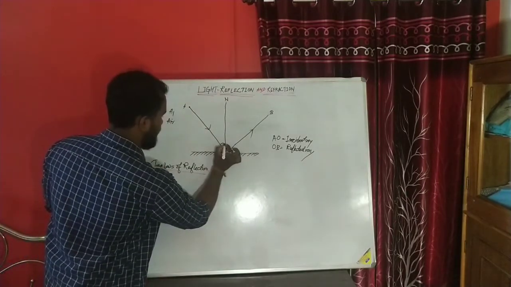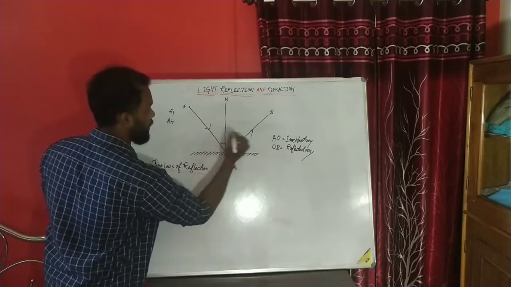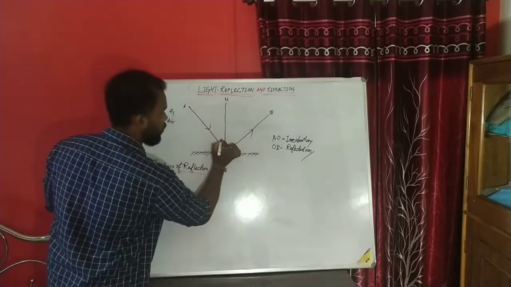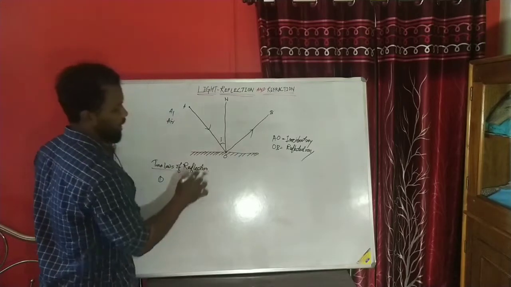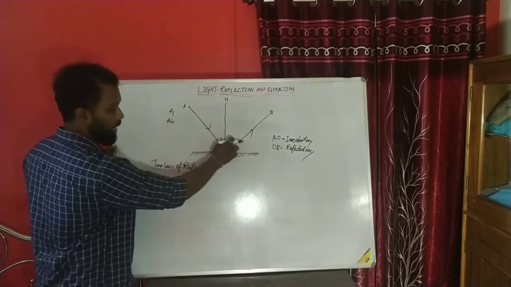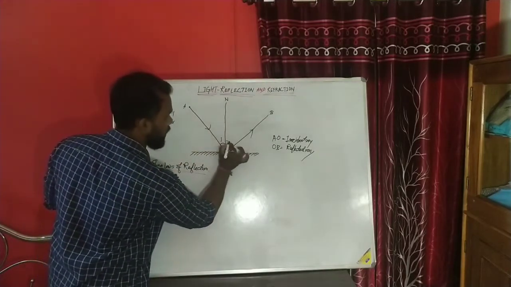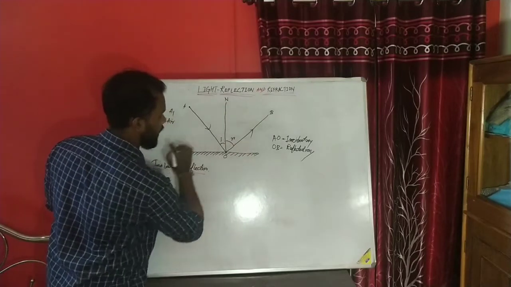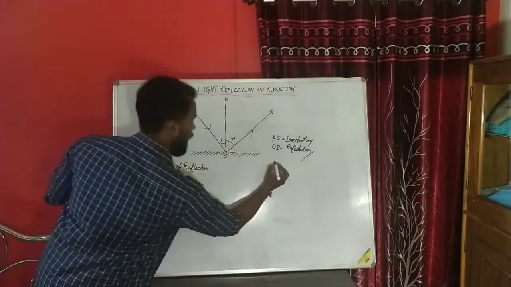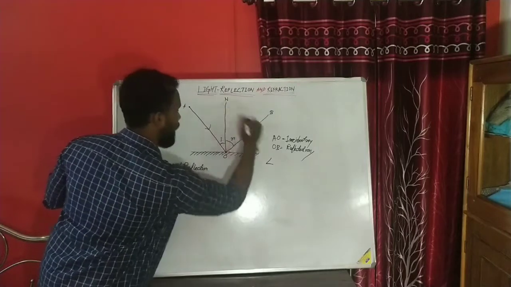This angle is known as the incident angle, denoted by I, and the second angle is known as the reflected angle, denoted by small r.